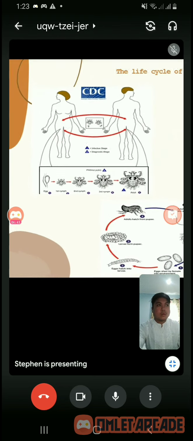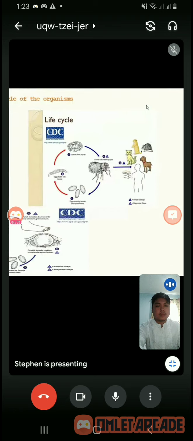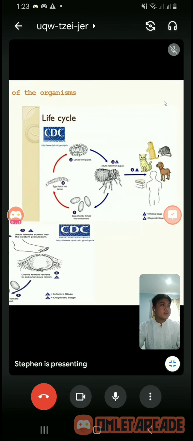So, second, the Pulex irritans and its life cycle. So, i-zoom natin. Please bear with me, class. May na-signal natin. Life cycle of Pulex irritans. So, syempre, usually nagsisimula ito sa itlog and hatch into larvae from pupae.